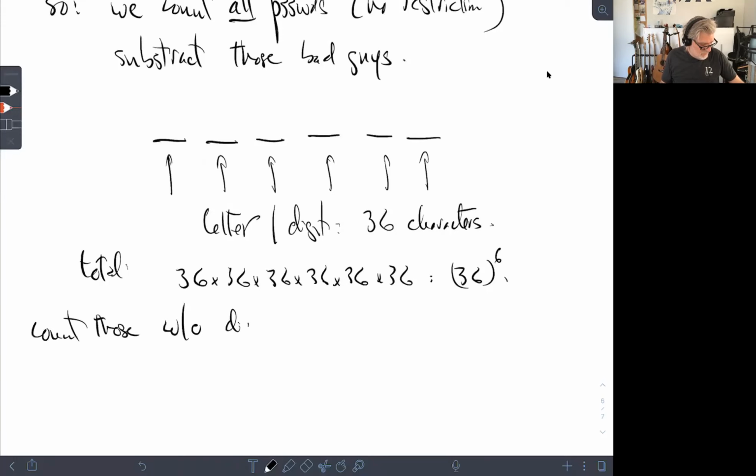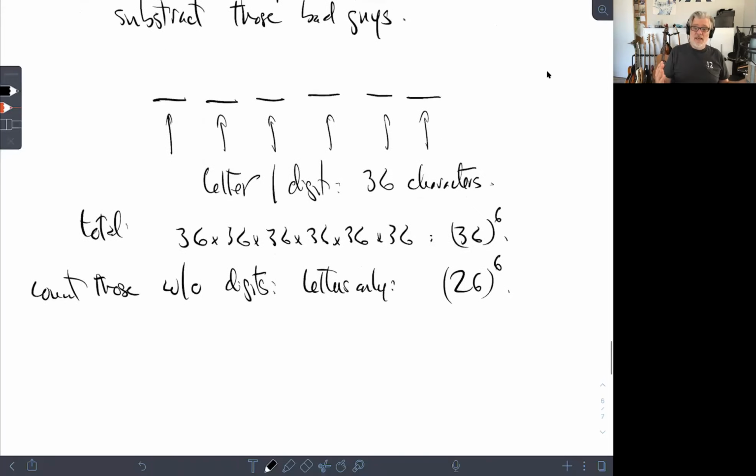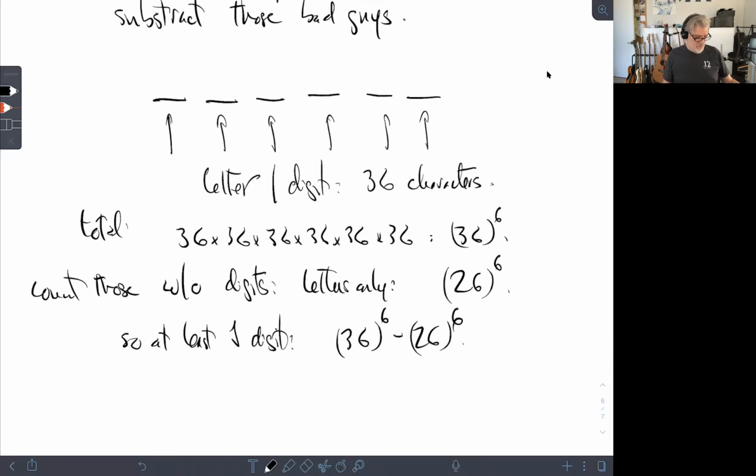That'll be 26 power 6. And so if you subtract, you get those that have at least one digit. So at least one digit will be 36 power 6 minus 26 power 6. So that's for 6 characters.